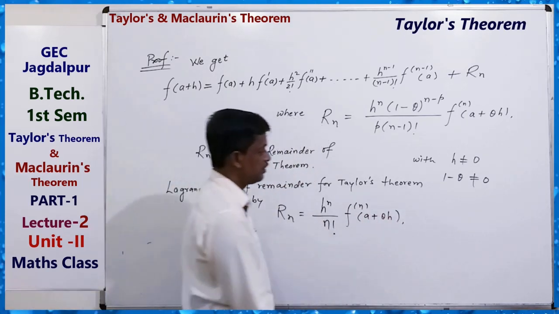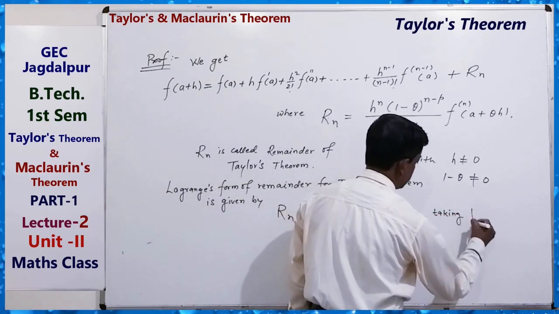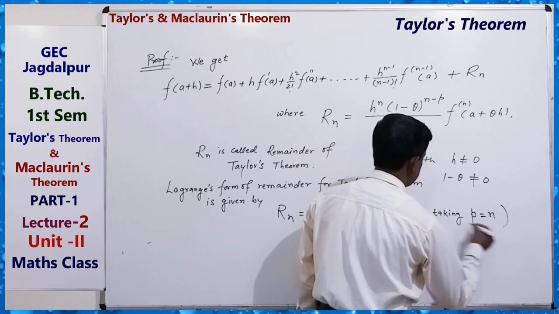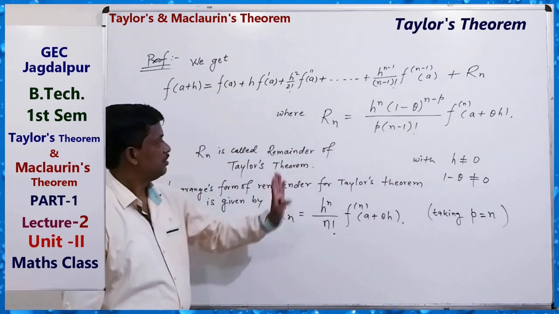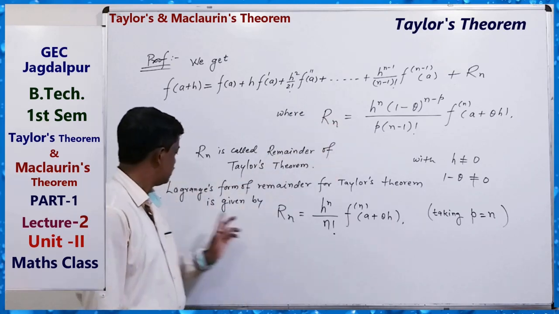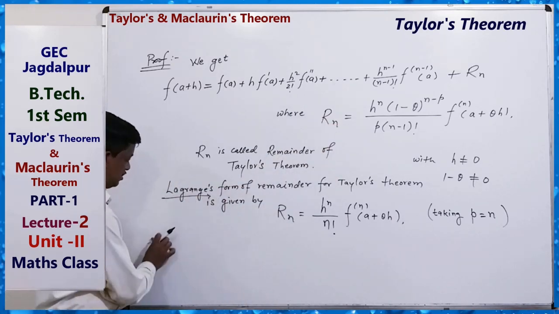That is taking p equals n. When we take p equals n, then the form of remainder is known as Lagrange's form of remainder.